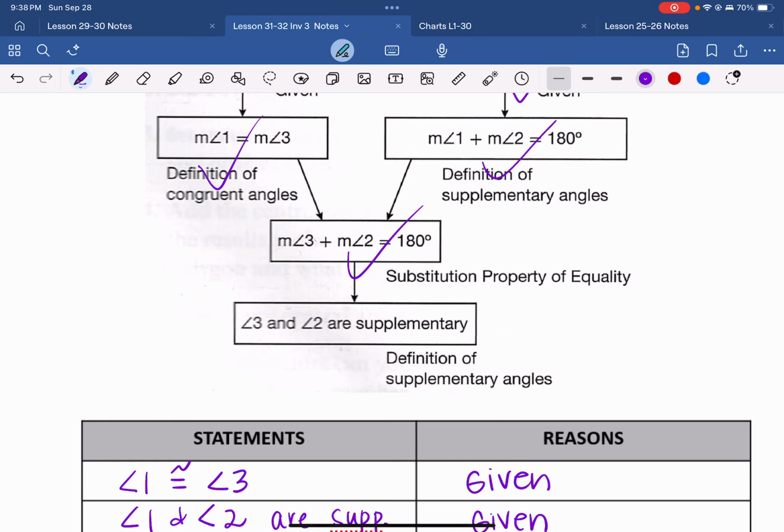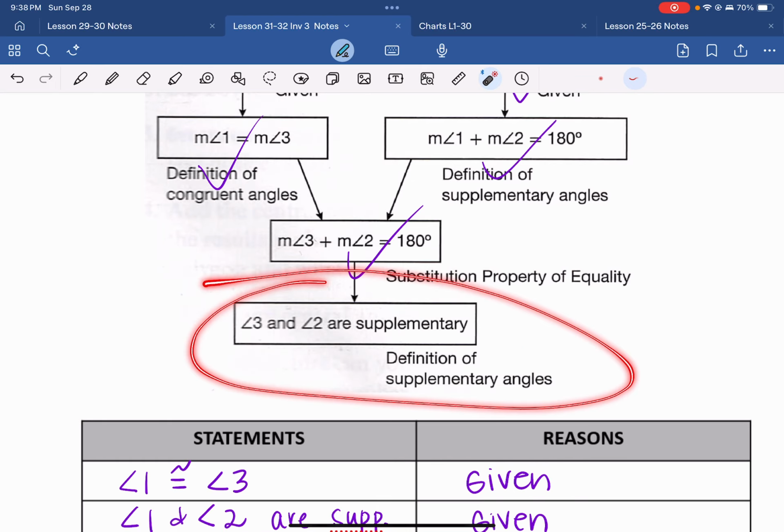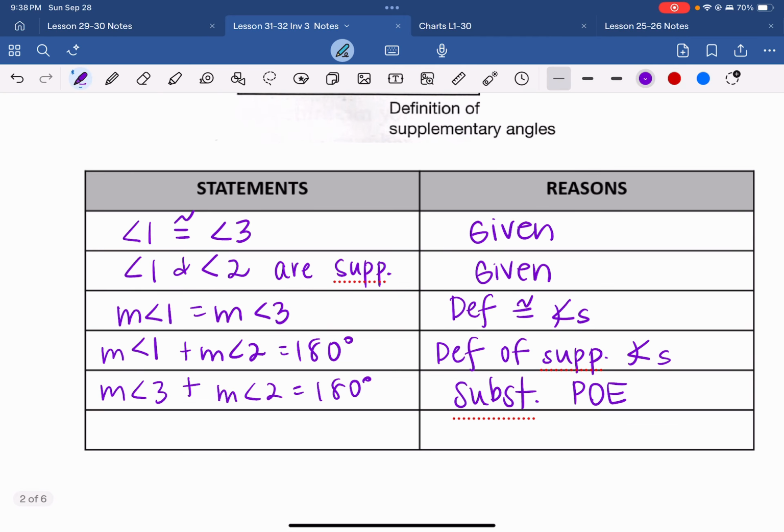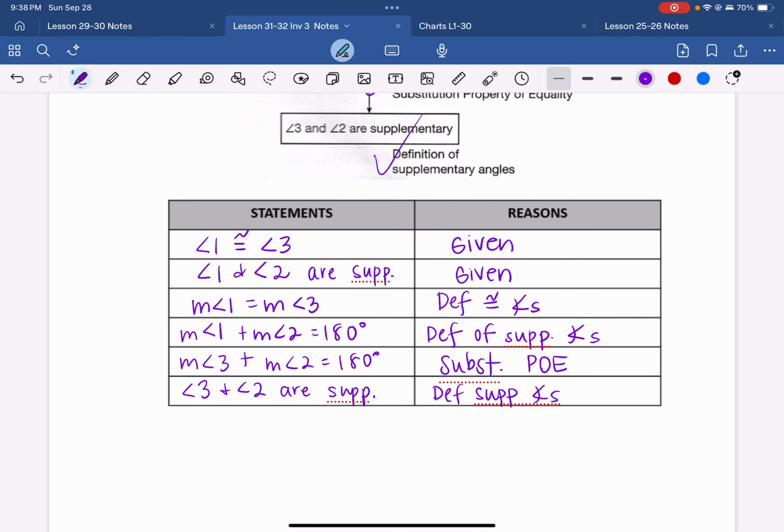Okay, last one. Angle 3 and angle 2 are supplementary. Definition of supplementary angles. Okay, pretty cut and dry.